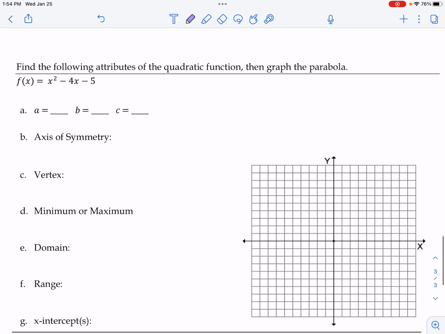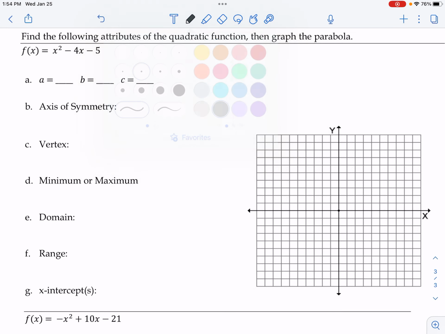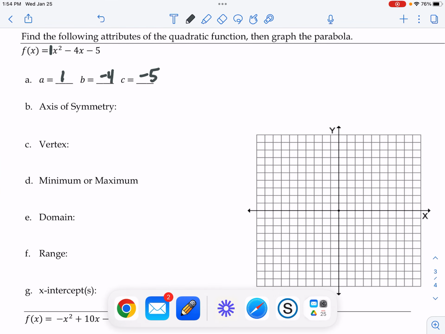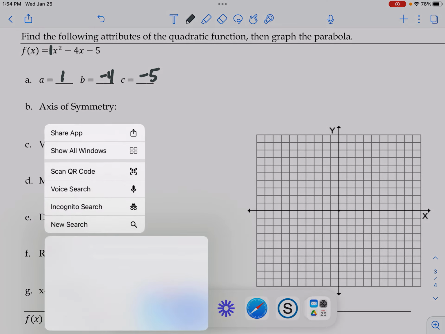So let's do some examples. Okay, so starting with this first example, A is 1, B is -4, and C is -5. And so to get our key attributes, let's go to Desmos and just graph them.